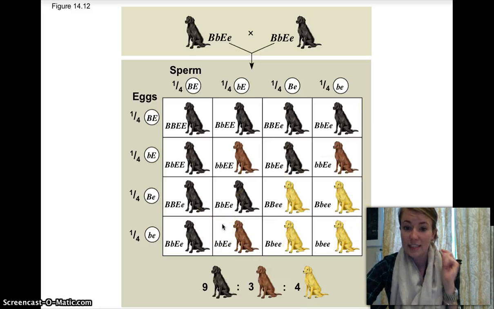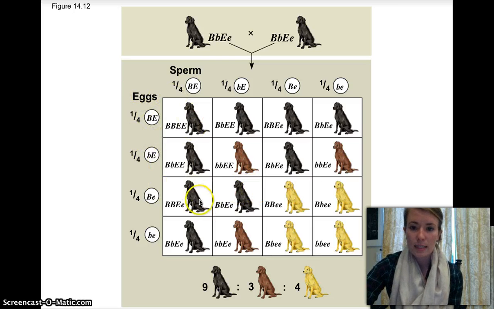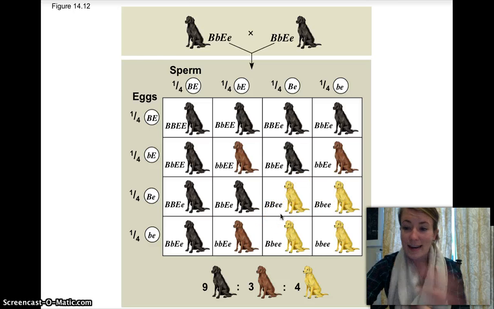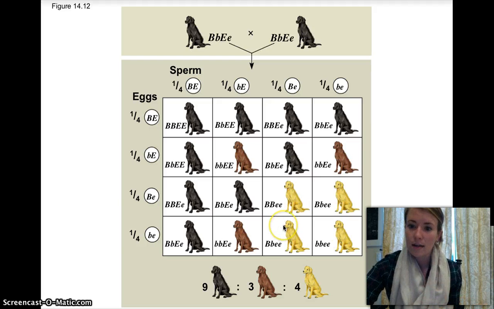So we see a very distinct outcome for epistatic genes. These guys down here are all little e, which means they do not put any pigment into their fur, which is why they're golden. They have no pigment in their fur. This guy right here would be making brown pigment. This guy would be making black pigment. These 3 would be. But they can't put the pigment into their fur, so they're yellow instead.